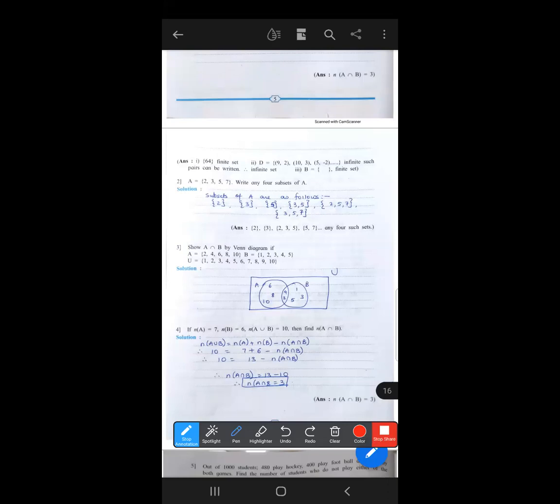If set A is given as 2, 4, 6, 8, 10, and B equals 1, 2, 3, 4, 5. Two sets are given, set A and set B, as well as the universal set, 1, 2, 3, 4, 5, 6, 7, 8, 9, 10.